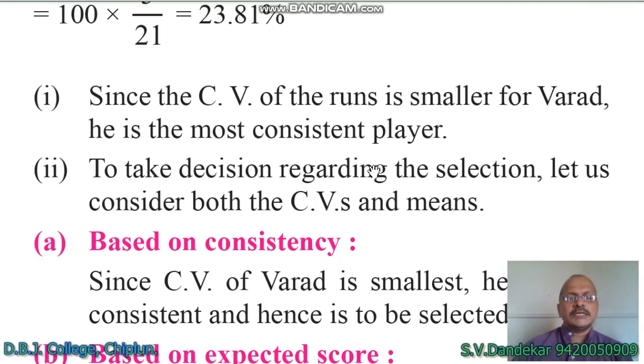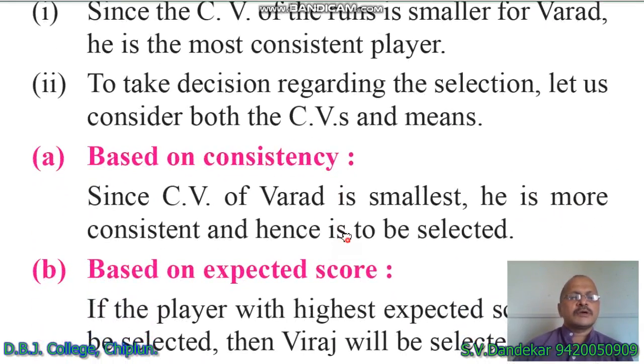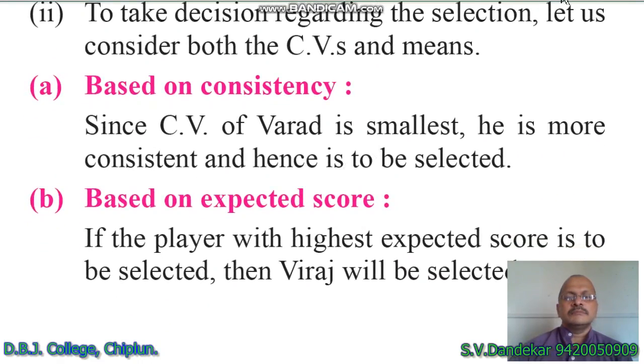To take decision regarding selection, let us consider both coefficient of variation and means. Based on consistency, since CV of Varad is smallest, he is more consistent and hence is to be selected.